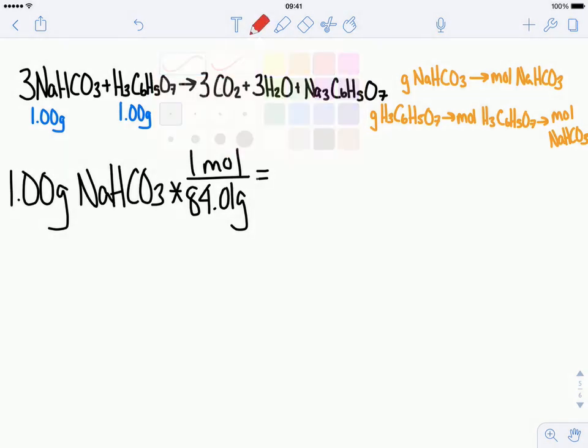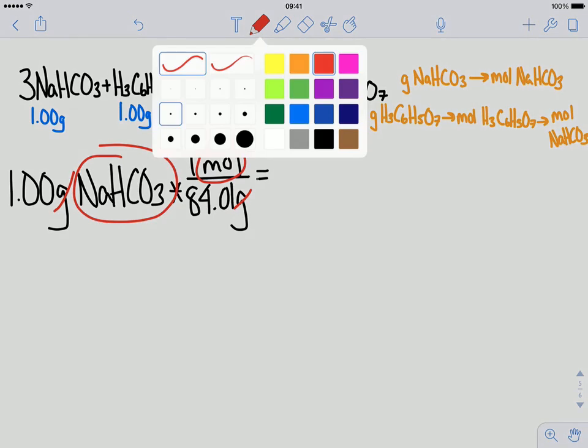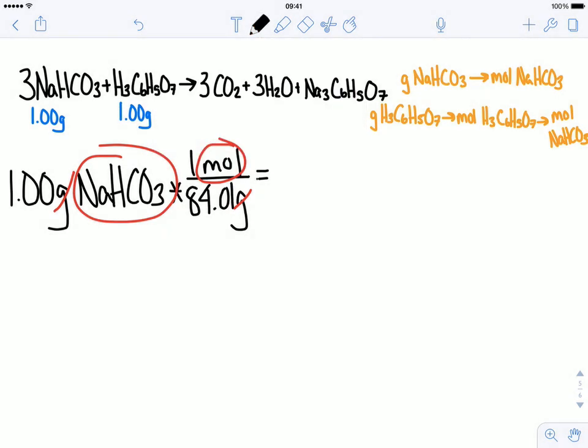Now if we look at our units, grams cancels with grams, and we're left with moles of sodium bicarbonate. And when you put that into your calculator, you get 0.01190, and the unit here is moles of sodium bicarbonate.